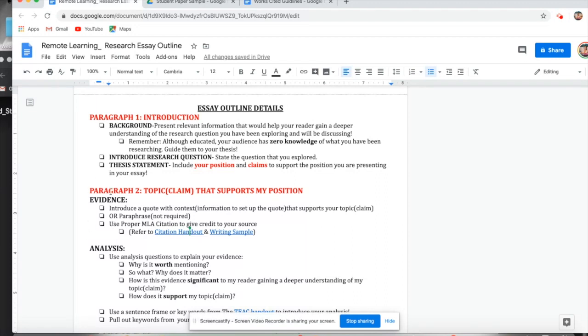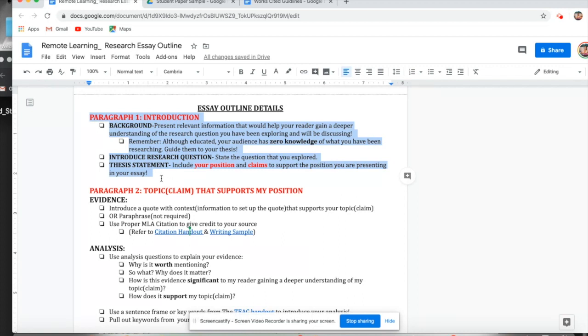Open mind. All right, so paragraph 1. It's your introduction. After this outline, I did the details, like what to include. If this is overwhelming, like present relevant information, introduce research question, that's the question that I showed above. Thesis statement, I'm still having trouble. I actually made an outline to support this introduction at the bottom of this outline.